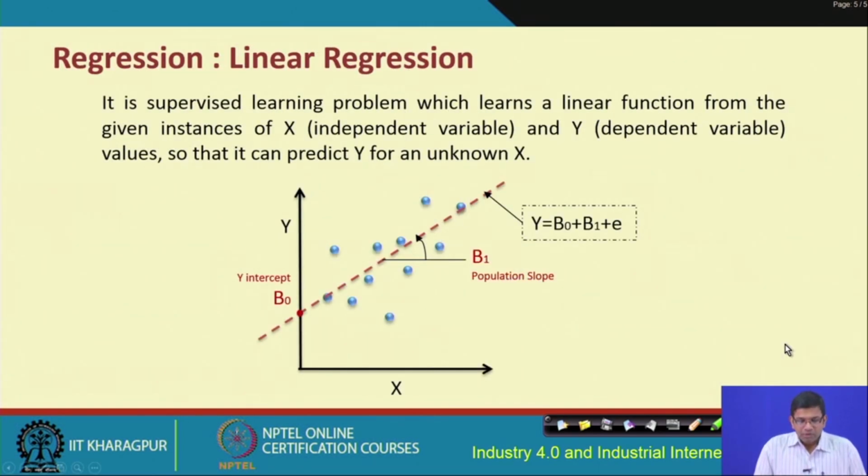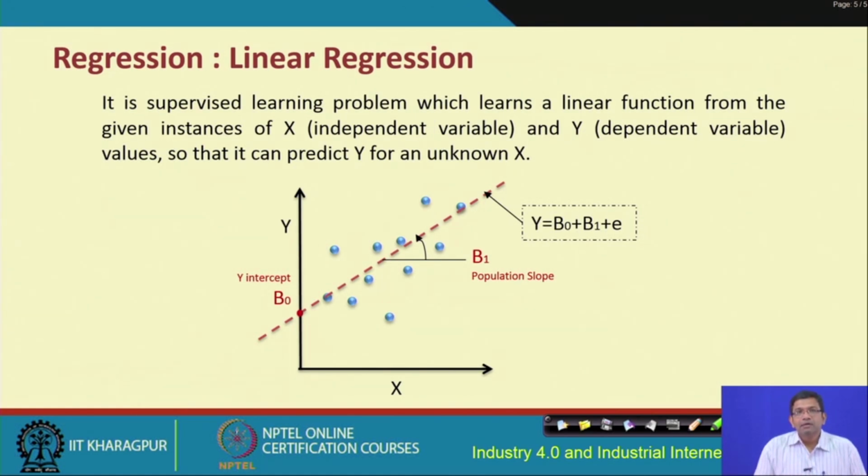So, this is how linear regression looks like. It is a supervised learning algorithm which learns a linear function from the given instances of the x and y values, so that it can predict the y for an unknown x. Given a set of data points, you want to fit a line so that it will become the best fit, right. That is the linear regression.